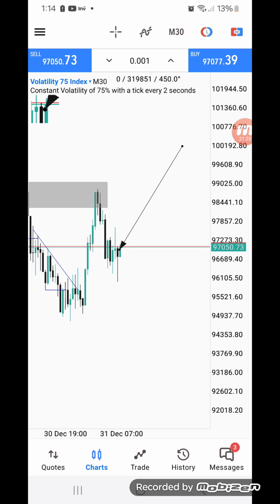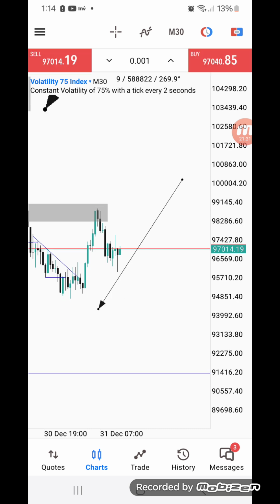So the market is still pushing to the downside, and we are hoping that the market will still respect our setup up to where we will see it heading to the major sell side liquidity.